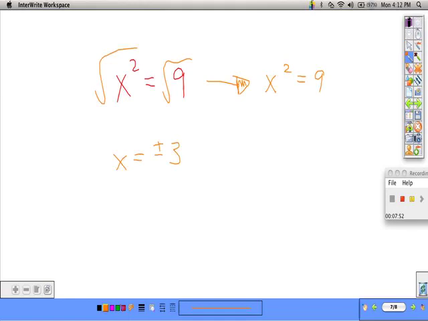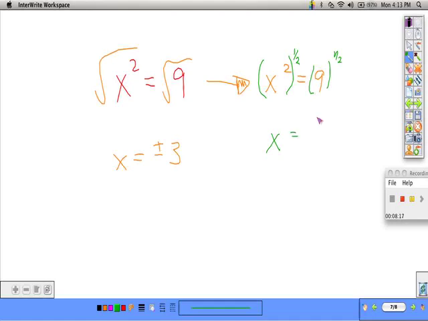What can we raise this to give us an exponent of 1? What would cancel this 2 out? And the answer is the 1/2 power. 2 times 1/2 is 1. And what we do to one side, we have to do to the other.